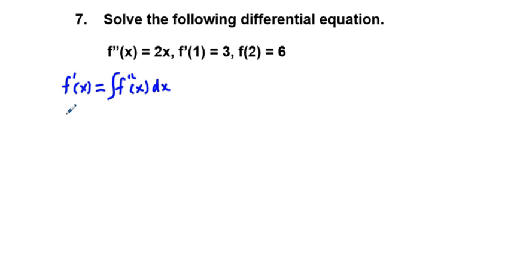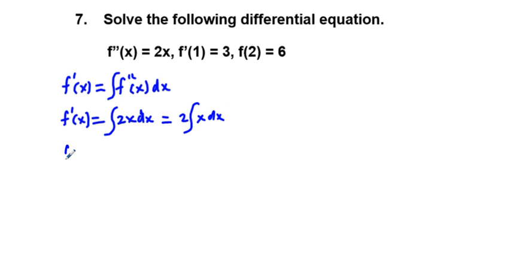So we can continue down below and say that f prime of x is equal to the integral of f double prime of x, which is 2x dx. And we can rewrite this as 2 times the integral of x dx.